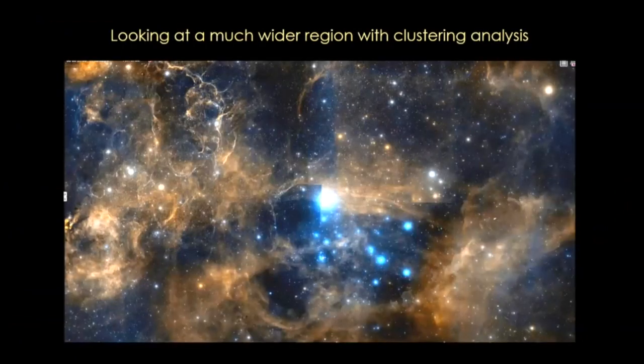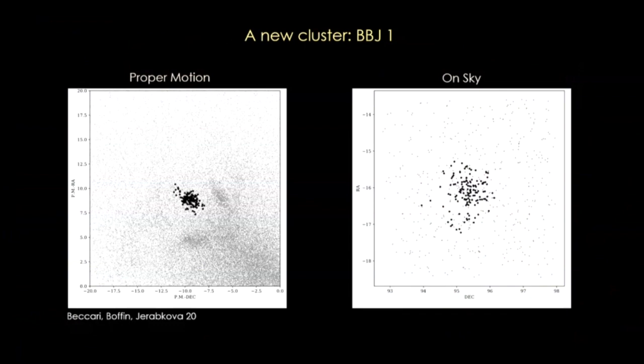So we then decided again to look at a much wider region around the region that we studied with OmegaCam, this time using only Gaia DR2. And what we found, further away, was a new cluster, which apparently nobody had found before in the Gaia data. So this is how it looks in proper motion, and this is how it looks on the sky.